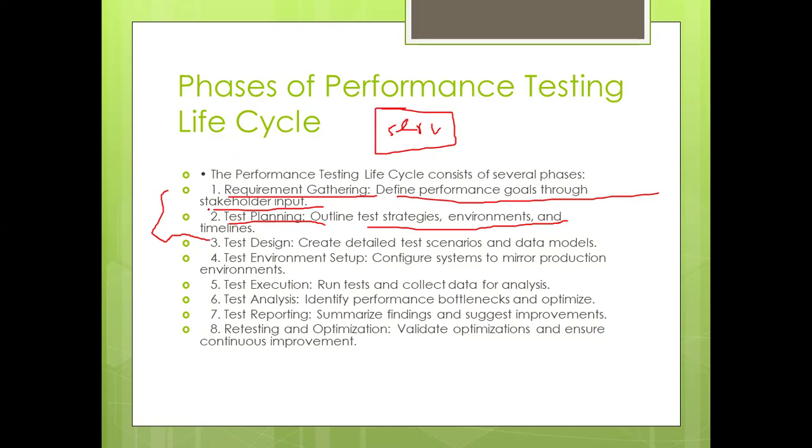These phases take time, because preparing this document can take around 3 months, as we must understand their application architecture. No need to worry, because the team will help us initially.